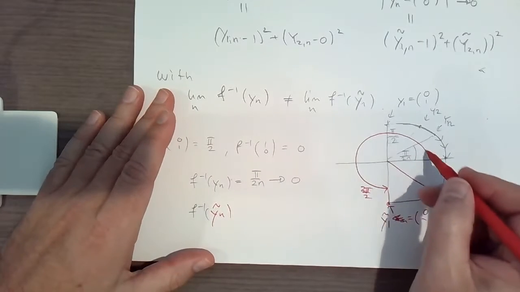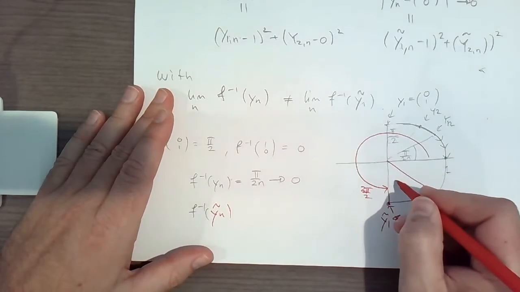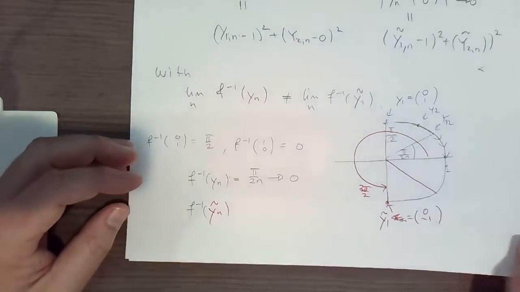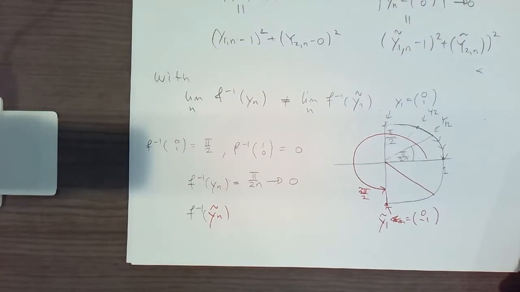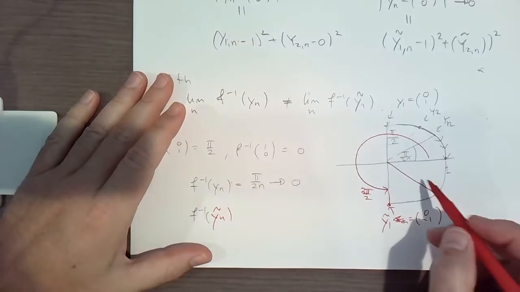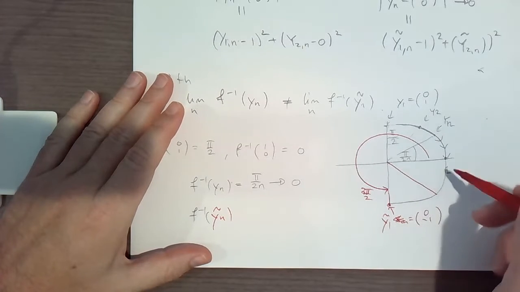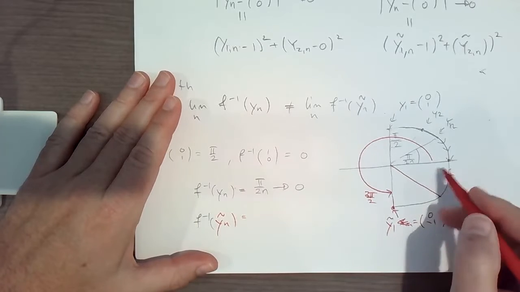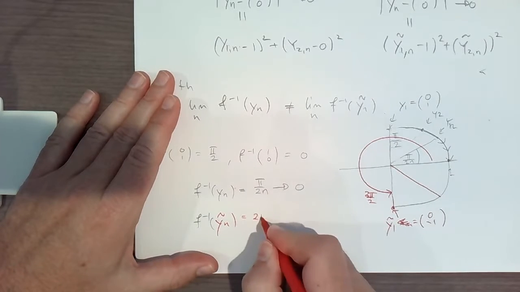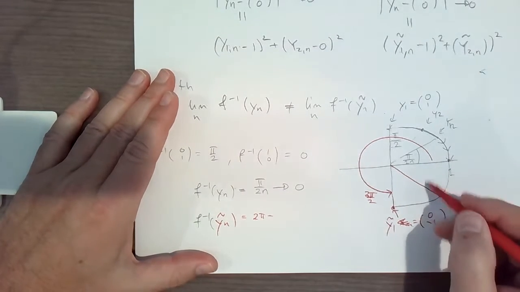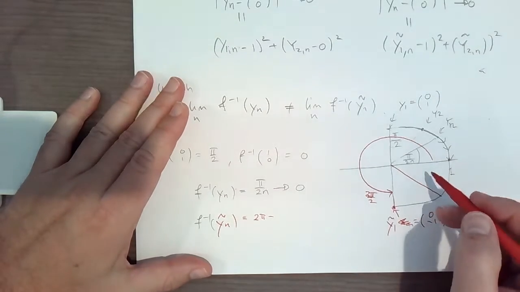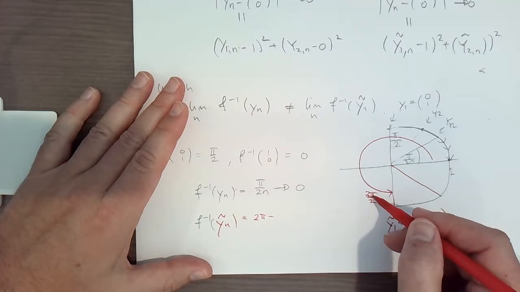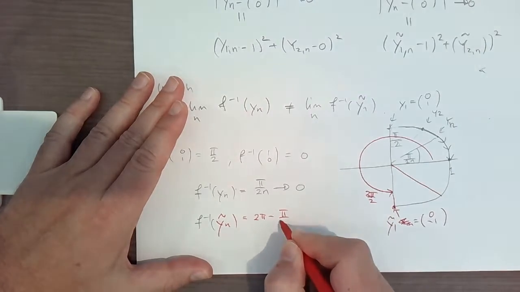The next one, gosh, can I calculate this? It's almost easier to go the other way around. It'll be 2 pi minus a little chunk, minus pi divided by 2n.